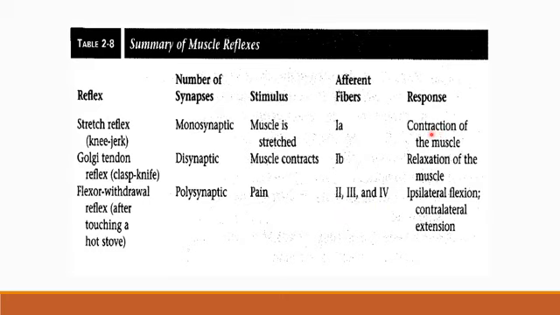And the response in the stretch reflex is contraction of the muscle, the Golgi tendon reflex response is relaxation, and flexor withdrawal is ipsilateral flexion and contralateral extension. So if you remember this table, you can easily write about any reflex. These three reflexes are very important, and will come as short questions.